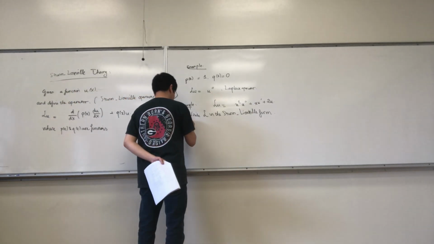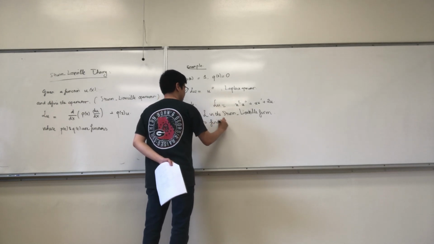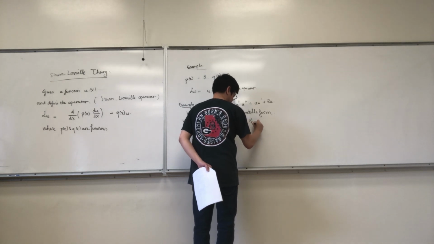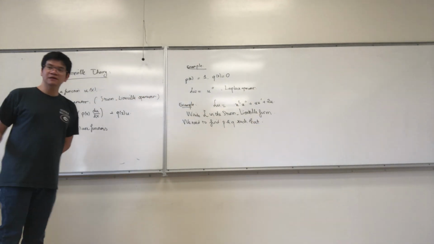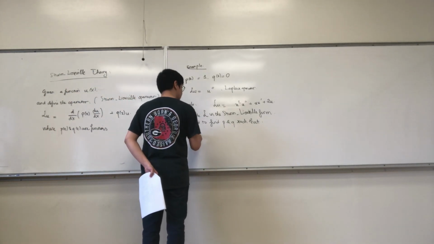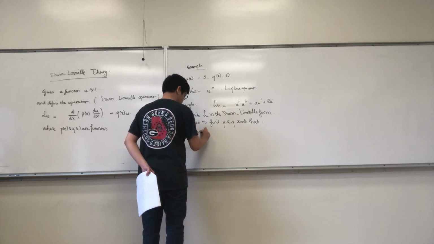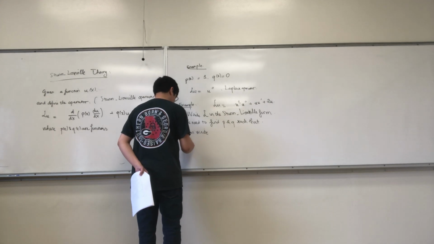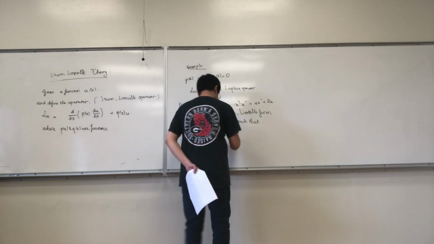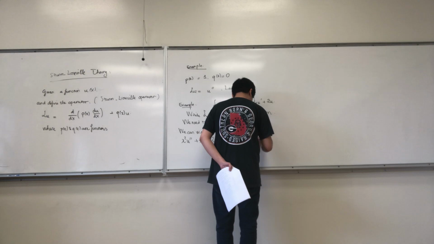We have to find p and q such that we can write x squared u second plus x u prime plus 2u as (p u prime) prime plus q u.